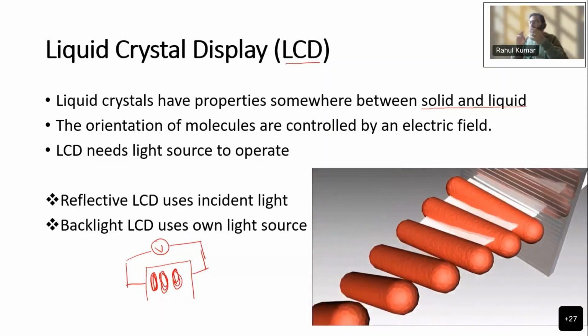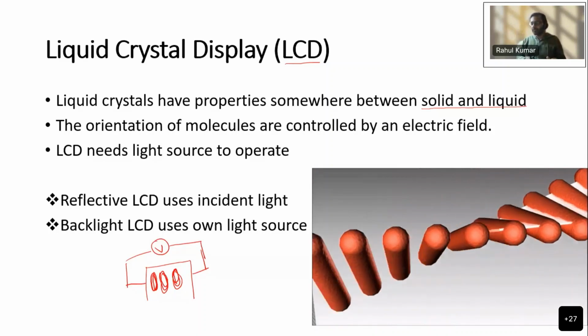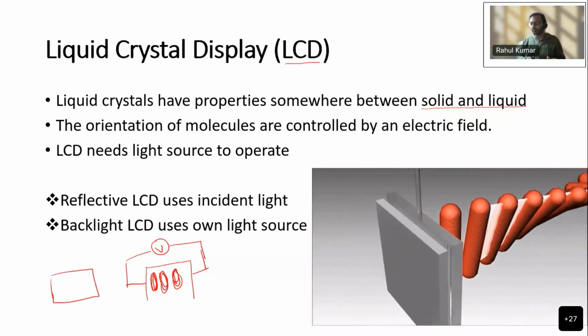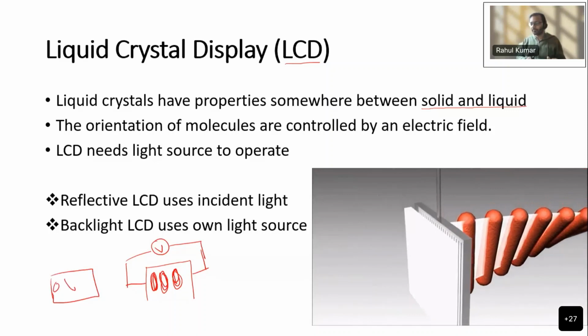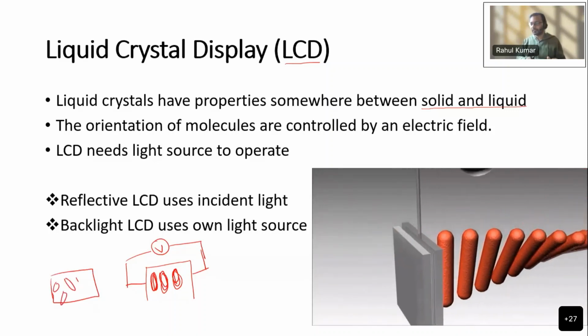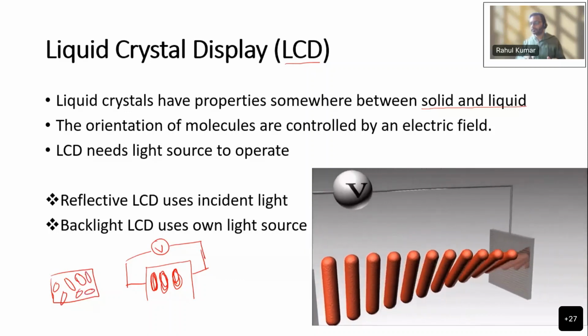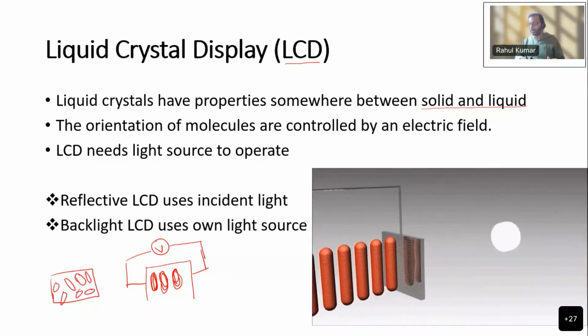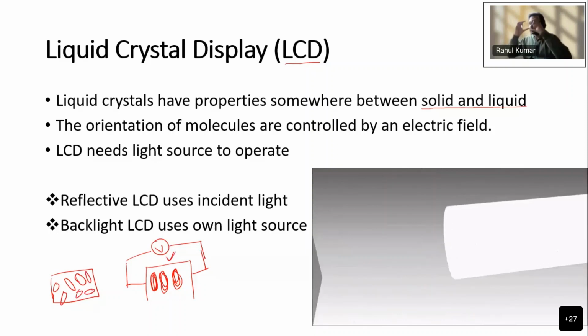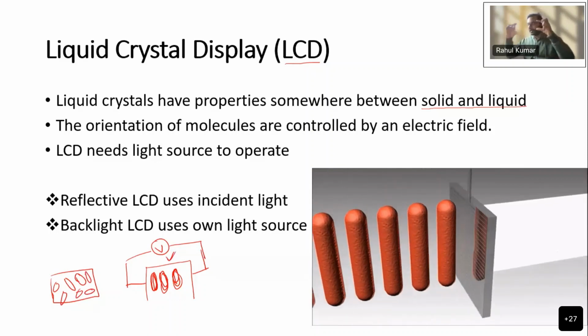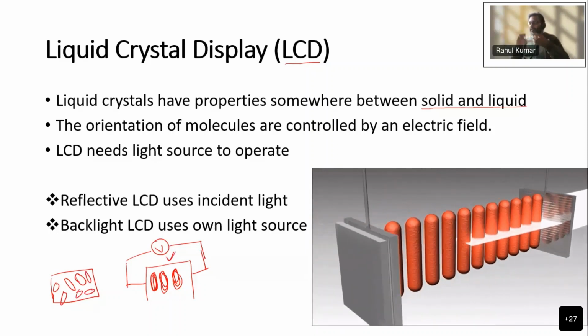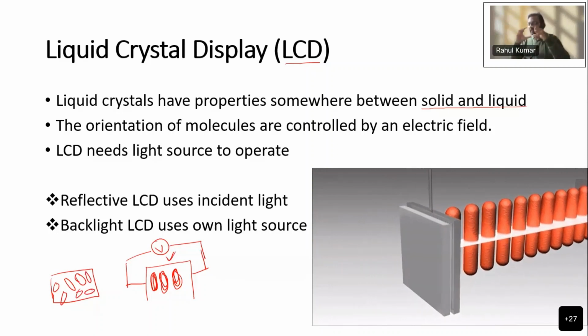Initially when no voltage is applied, some of them are like this, some are arranged in a random manner. And when you apply a voltage, all these crystals, they will align themselves in a certain fashion.